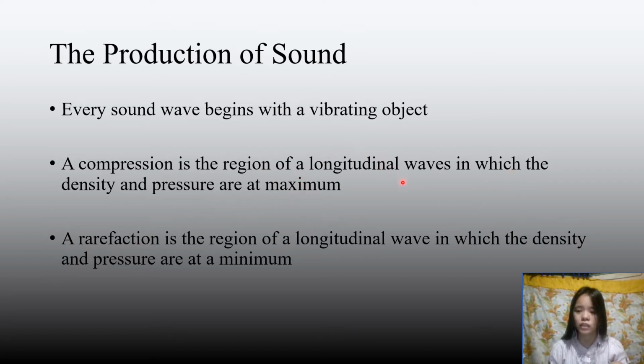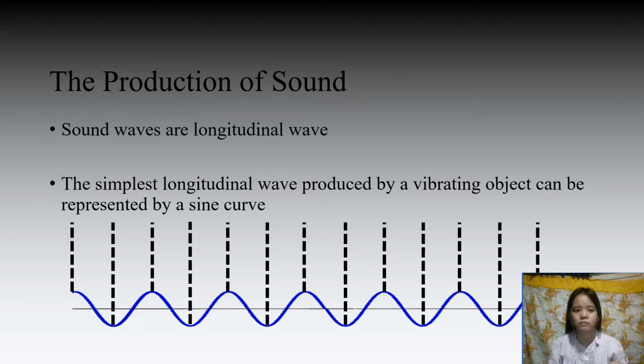Sound wave is considered a longitudinal wave, and longitudinal waves travel in the form of compression and rarefaction. A rarefaction is the region of the longitudinal wave in which the density and pressure are at the minimum. Sound waves are longitudinal, and the simplest longitudinal wave is produced by a vibrating object and can be represented by a sine curve. So here is a representation of a longitudinal sine curve.